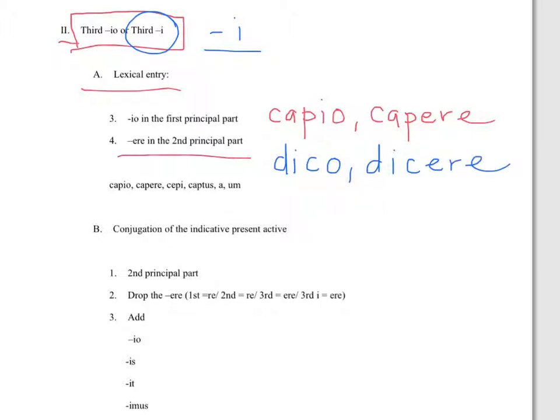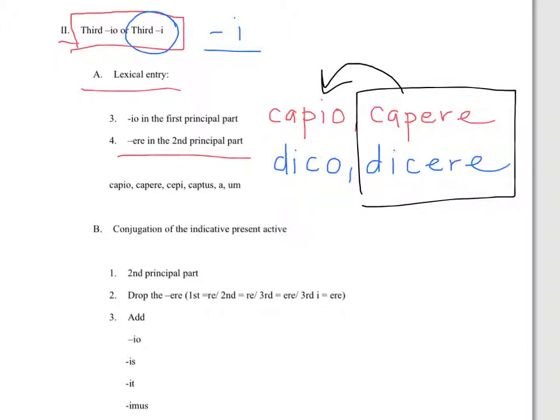So if you're trying to tell these two apart, you go to the tiebreaker, which is the first principal part. The third IO, or the third I, has an I, whereas the regular old third conjugation does not have an I.